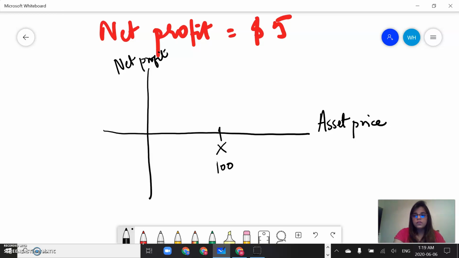So here we will look at it from the point of view of the buyer of the put as well as the seller of the put. Party A is the buyer of the put option, so he has paid $5, while the seller of the put option, party B, has received $5.